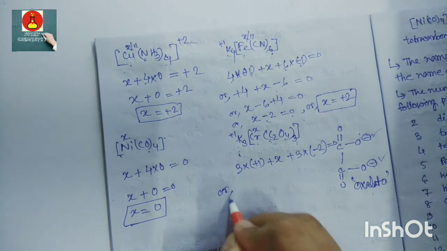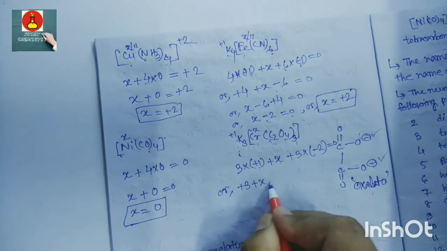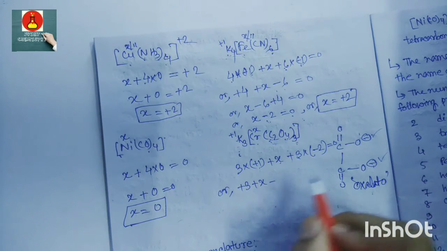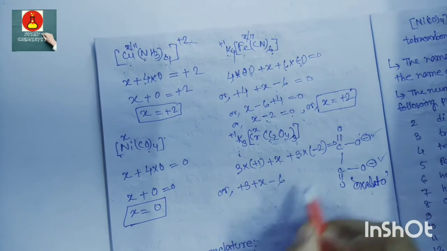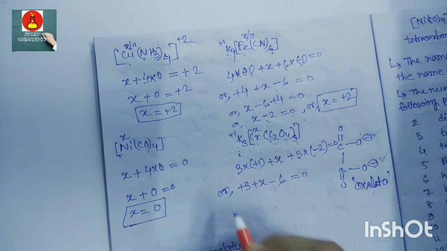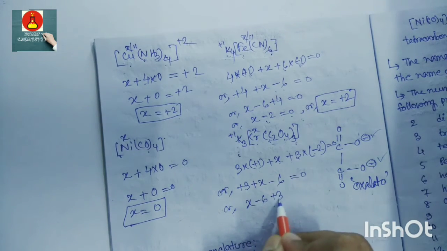So 3 into plus 1 is equal to plus 3, plus x, minus 3 into 2, which is 6, so it is minus 6 because there is a minus 2, is equal to 0. Or x minus 6 plus 3 is equal to 0.